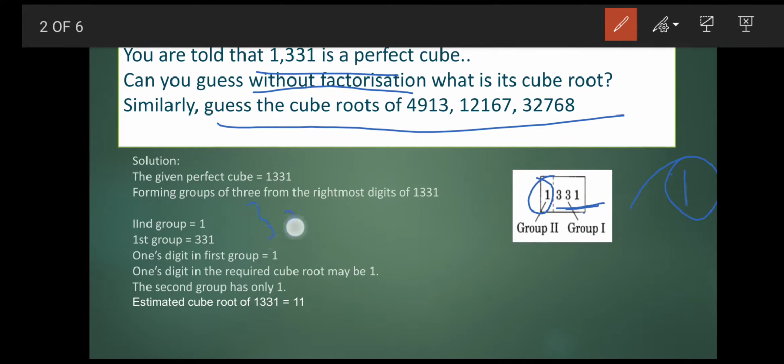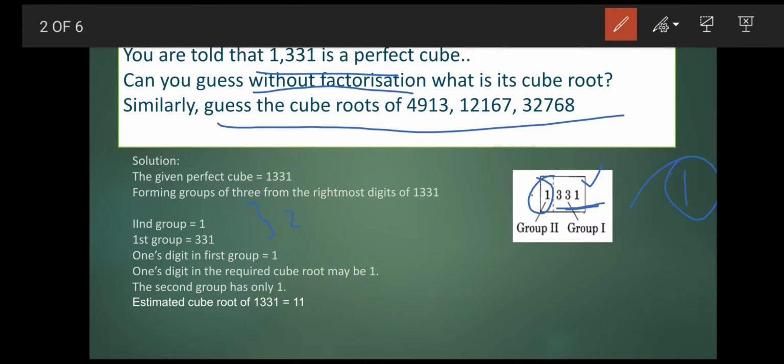Now, what is your second step? You will check the digit at one's place in both groups. Here in this first group, what is the digit at one's place? 1. And here in the other group, that is also 1. This is your second step. Why do we have to do so?